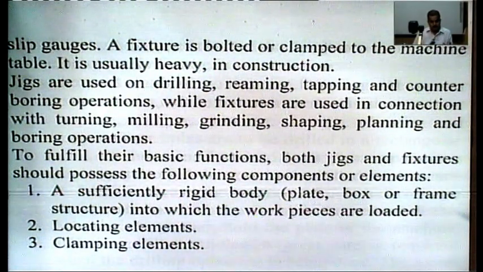So, a jig or fixture, whatsoever it may be, should have a rigid body into which the workpieces are to be loaded again and again. Secondly, it must have some locating elements so that the workpiece can be located in different directions. Thirdly, these jigs and fixtures must have some clamping elements so that the workpiece can be clamped or locked in particular directions on the machine.